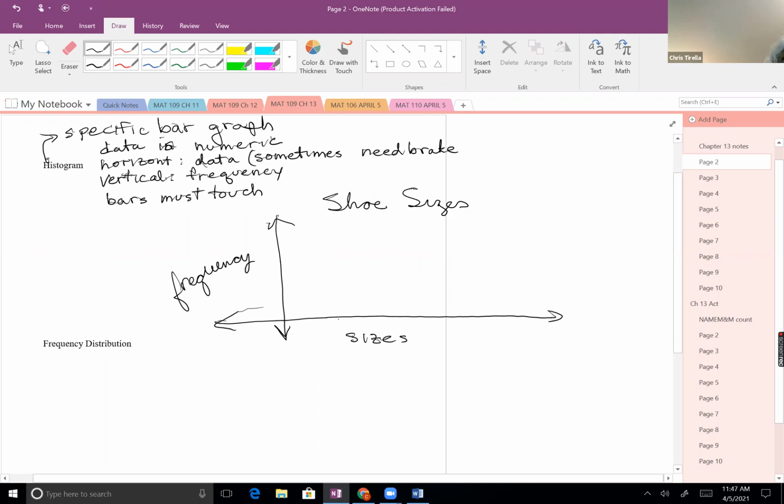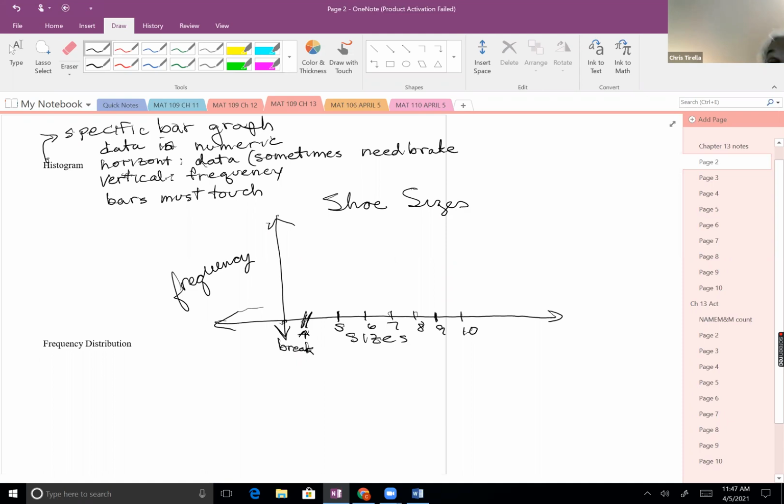Our smallest size was a 5. My largest size was a 10. Because I'm not keeping the spacing between 0 and 5 consistent with the other, that's what I mean when I say put a break in the axis. We're supposed to be counting up from 0. And if I'm not counting up from 0 and just starting with my lowest number, I'm going to put a break.